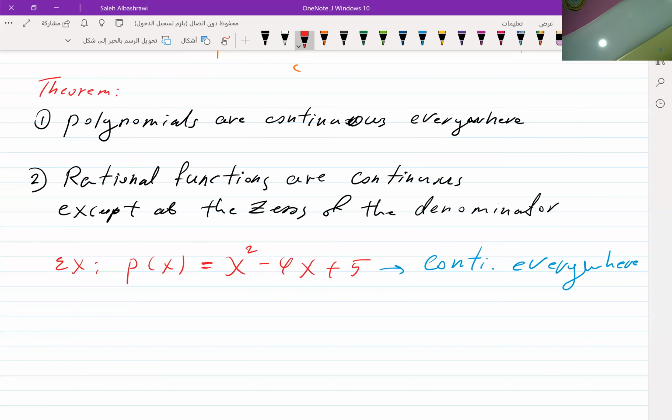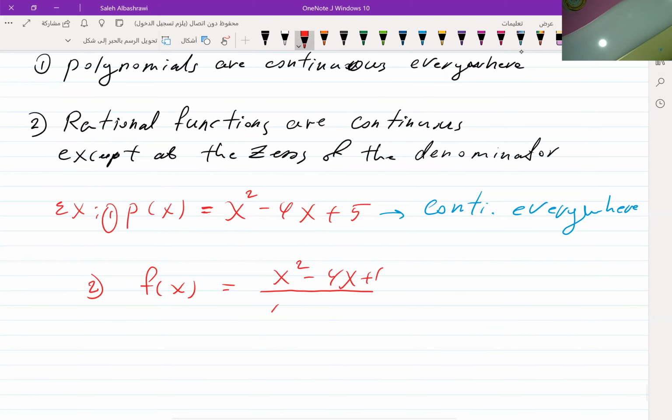So if we have f of x is equal to x squared minus 4x plus 1 divided by, let's say, x squared plus 5x plus 6. This is the rational function, and it is a polynomial divided by another polynomial.